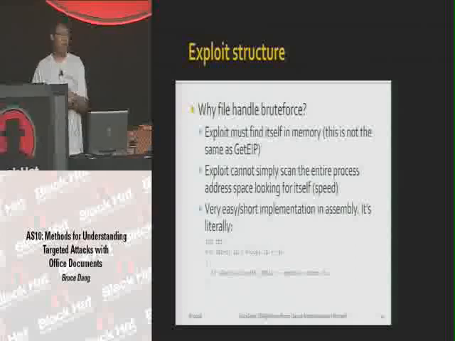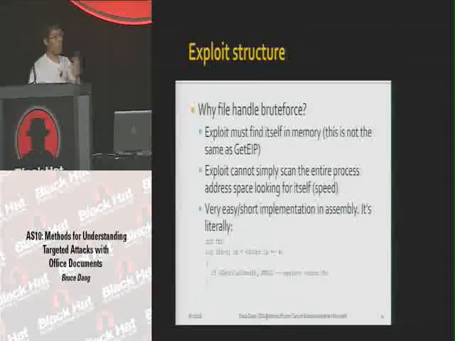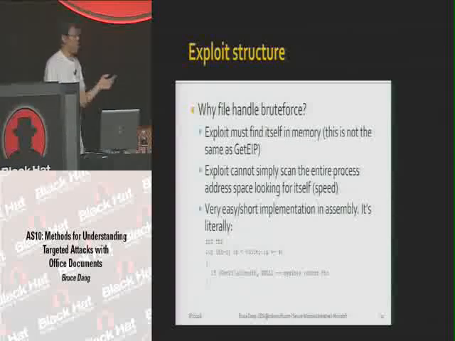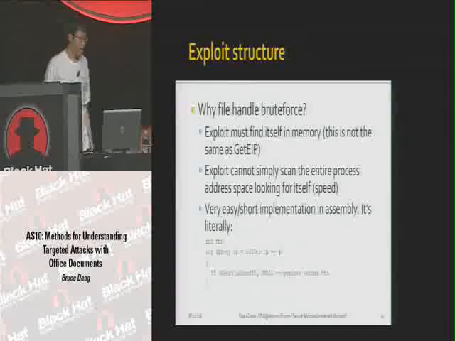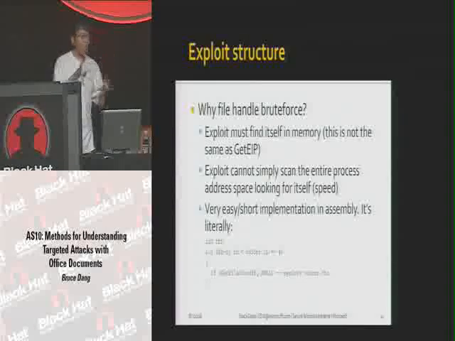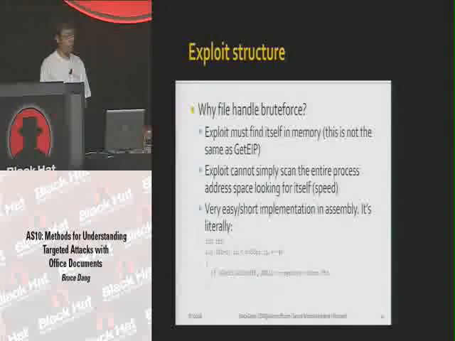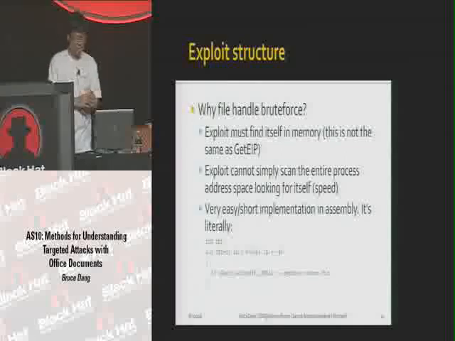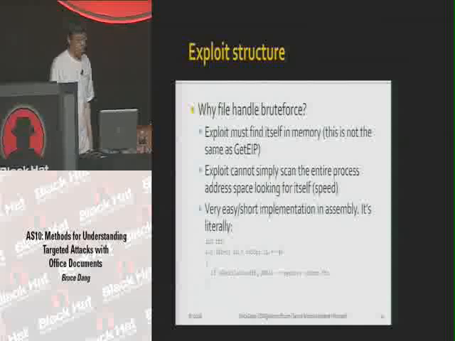All right, so why do they use file handle brute force? So when Office opens a file document, most of it will be mapped in memory. So in the case of the last example, I opened up a Word document. So this entire Word document will be mapped in memory, and the exploit needs to find where the document is mapped in memory, right? So in order to do that, it can either scan the entire process space, which is probably not very wise. So what they do is they brute force a file handle.